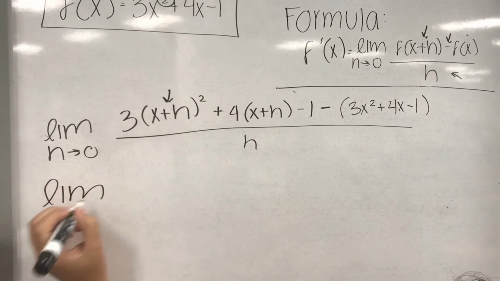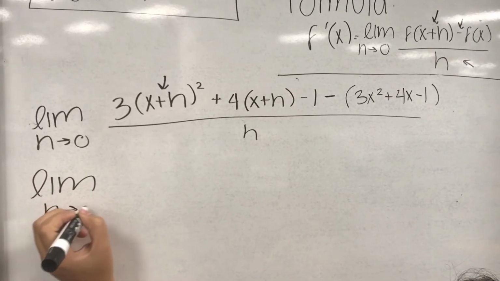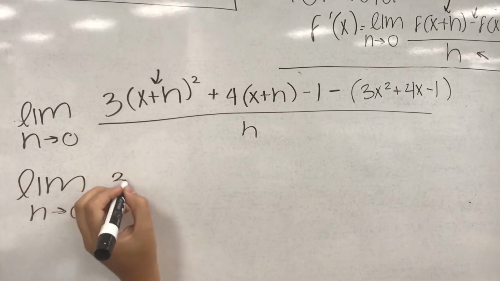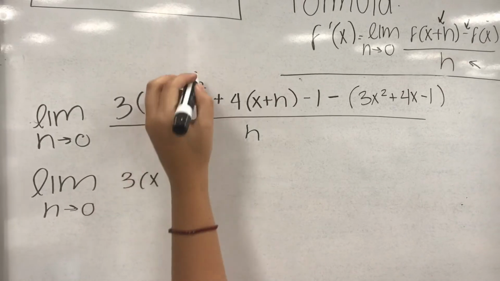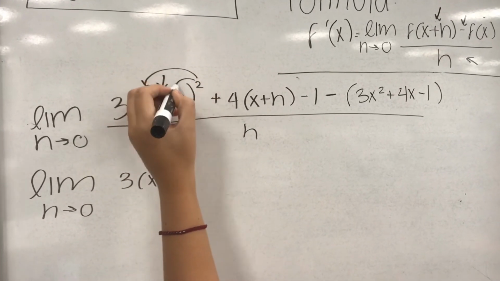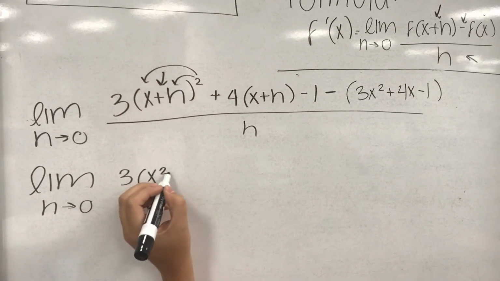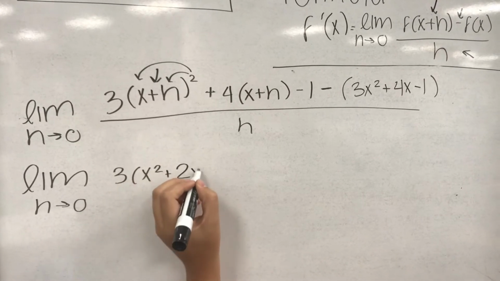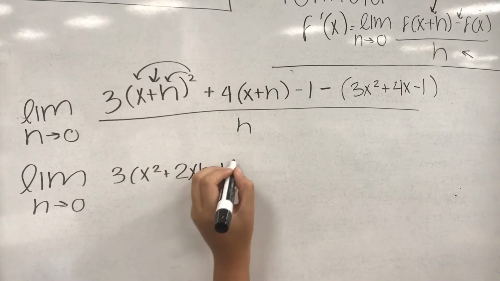Now we have to rewrite the limit when h approaches 0. Now we have to open the parenthesis, which is square the first, double the product, and square the last.